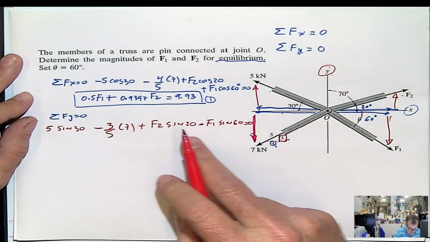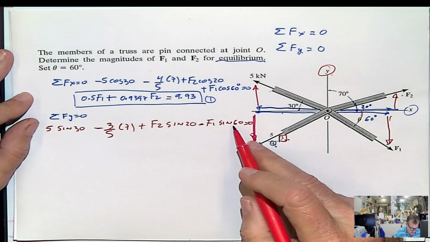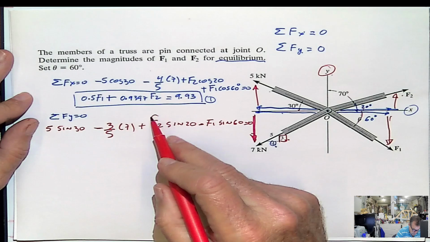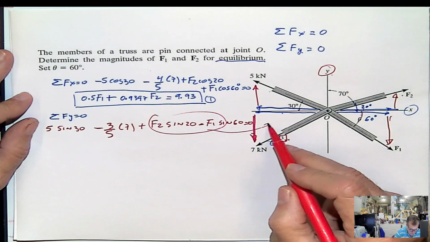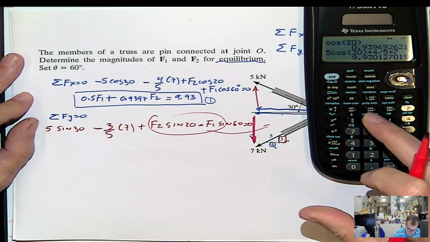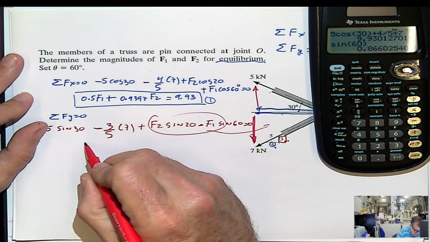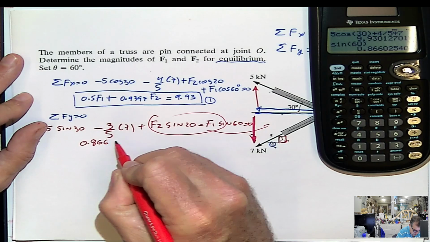Now we are going to get another equation here. I'm going to pass these two to the other side. So I'm going to have F1 sine 60, that will be positive 0.866 F1.